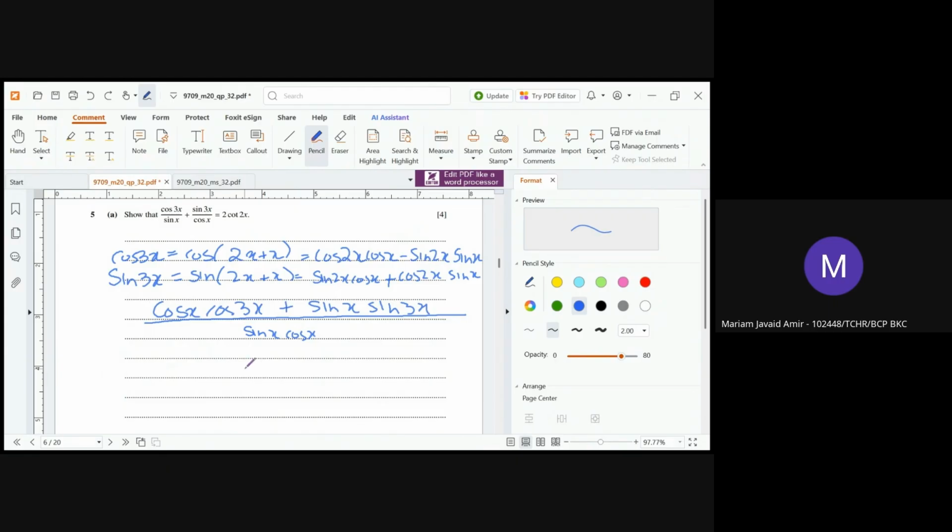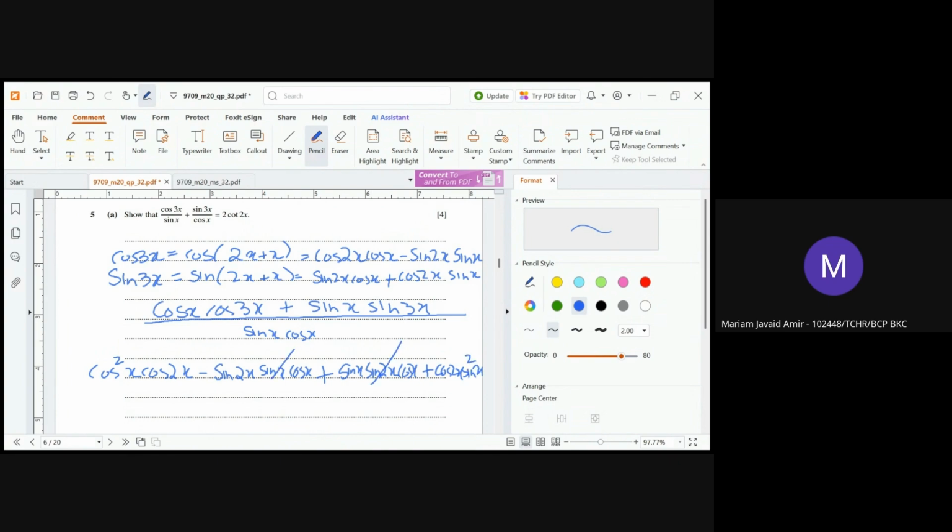So we have cos squared x cos 2x plus minus sin 2x sin x cos x plus, now we're going to multiply sin x with sin 3x. So this is sin 3x, multiply sin x with it. So we have plus sin x sin 2x cos x plus cos 2x sin squared x.